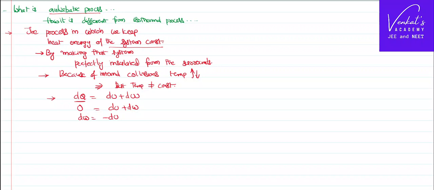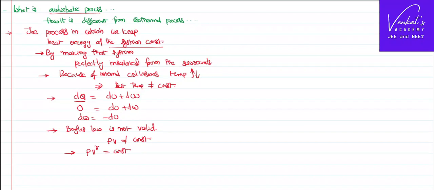Moreover, as the temperature is not kept constant, Boyle's law is not valid in the case of adiabatic process. Boyle's law is valid only when the temperature is constant. That means PV is not equal to constant here. Rather, here PV power gamma is constant.